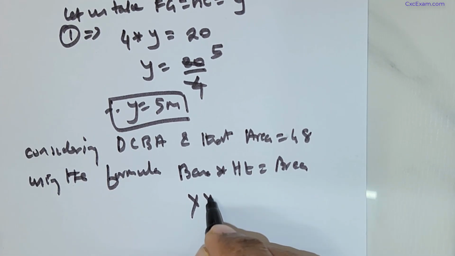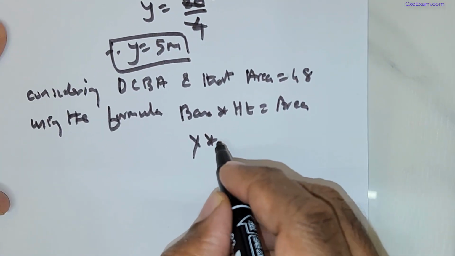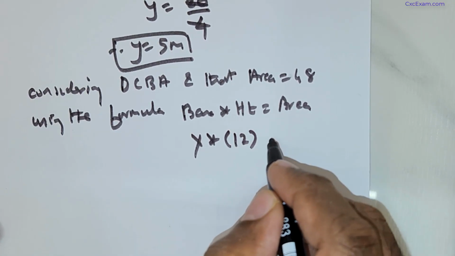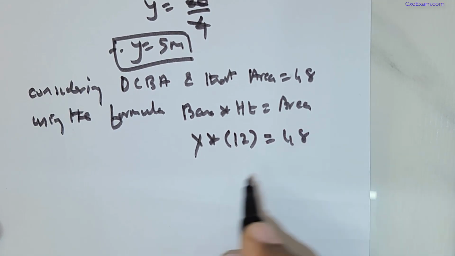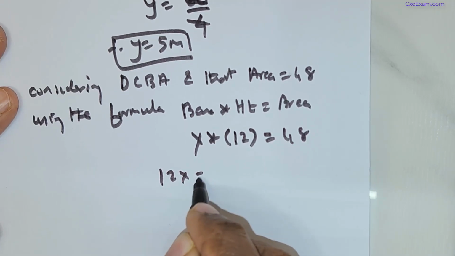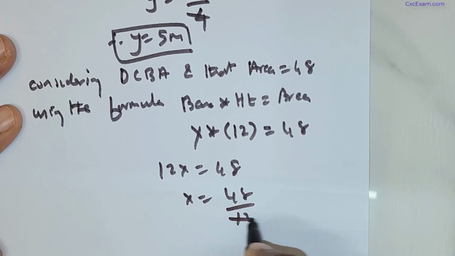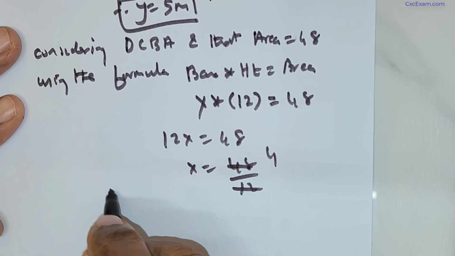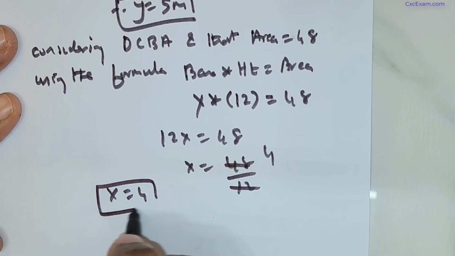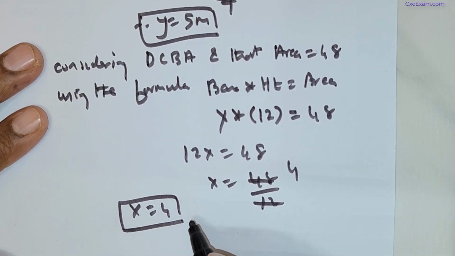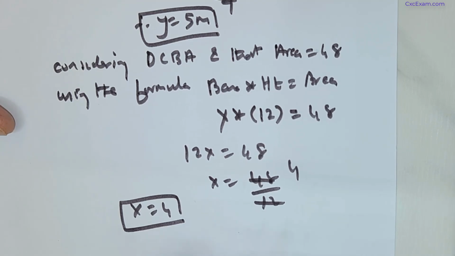So x multiplied by the height, which is 7 added with 5, that's going to give me 12, is equal to area 48. So 12 times x is equal to 48. So x is equal to 48 over 12, which means x is equal to 4. So x is equal to 4 is the value of x.